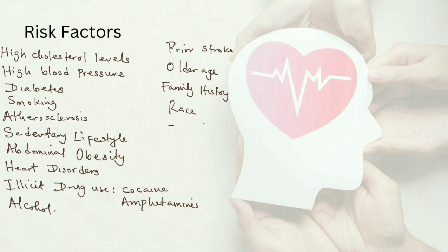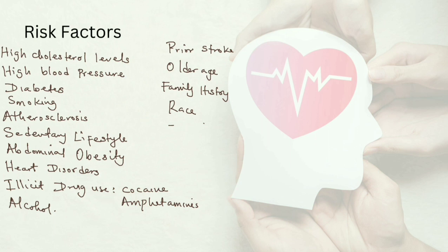So it's just like fats lining the walls of the blood vessels, causing the lumen to be narrowed. Then sedentary lifestyle. Now you see a lot of persons, they love sitting in the chair, they don't like exercising. That is not good at all. Then abdominal obesity is also another risk factor.